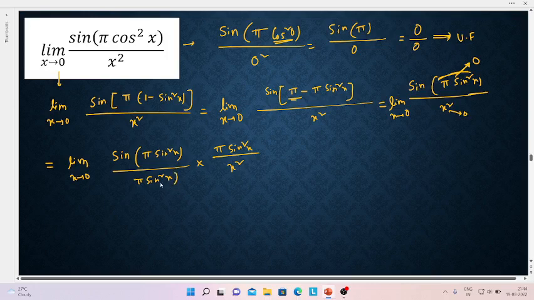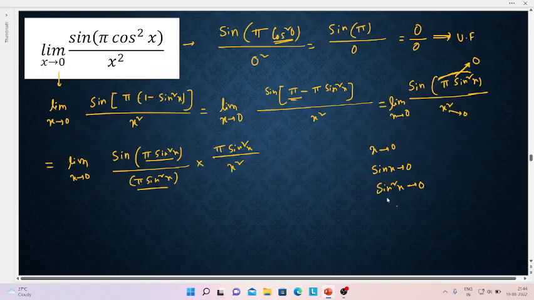So basically what we have here, you can see that pi sin square x and pi sin square x are there. Since x is tending towards 0, what about sin x? Sin x is also tending towards 0, because as x equals 0, sin x equals 0. Then what about sin square x? Sin square x is also tending towards 0. If we multiply by pi, then that becomes pi sin square x, which is also tending towards 0.